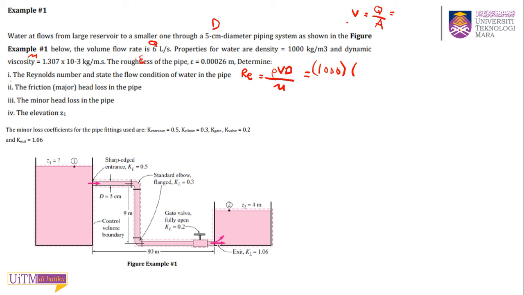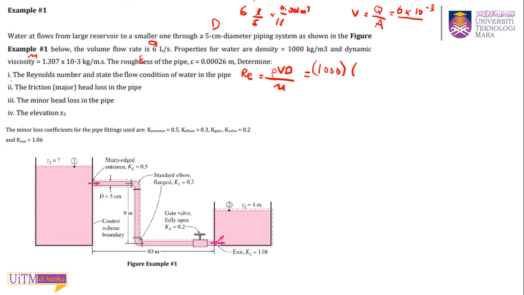They provided you with Q, 6 liter per second, and don't forget to change to meter cube per second. So 1 liter is equal to 0.001 meter cube, which means you get 6 times 0.001, which is 6 times 10 to the minus 3, divided by the area.